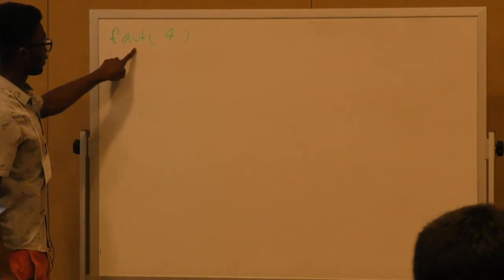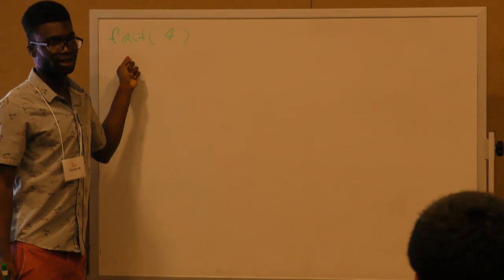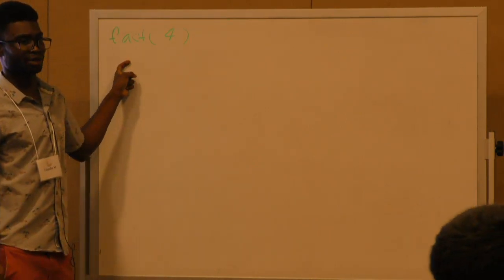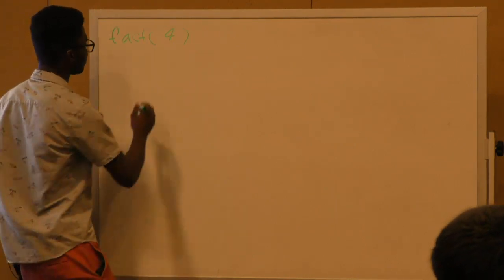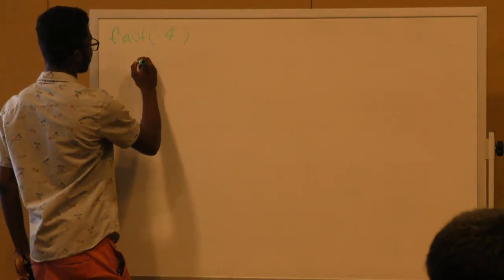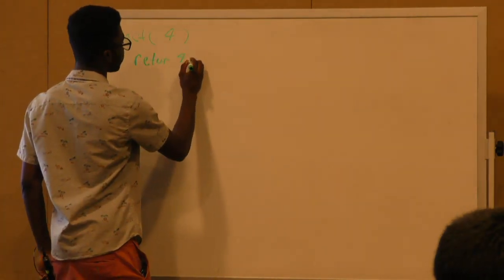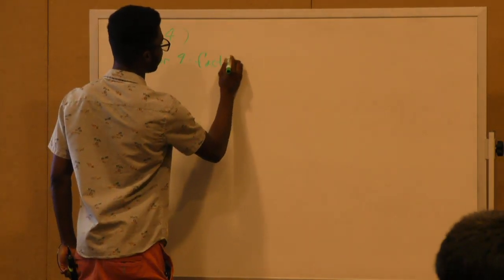When we call the factorial of 4, when we reach that first if, do we meet the conditions for that first if? No. So for the very first time, we go into the else, so we get return 4 times the factorial of 3.